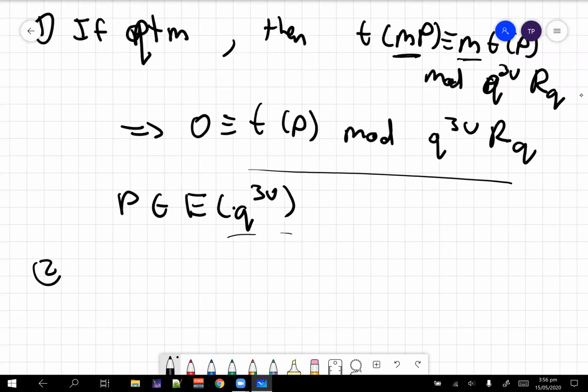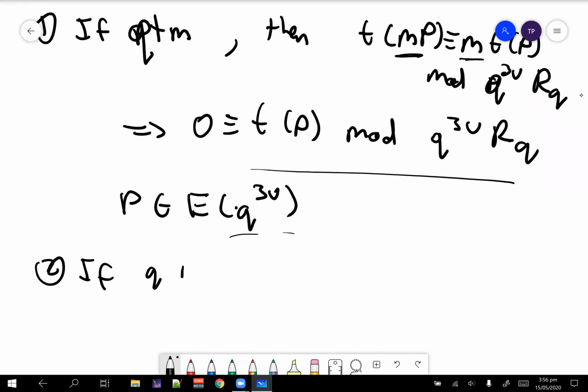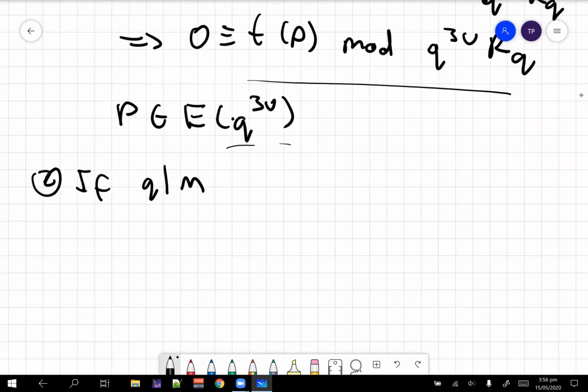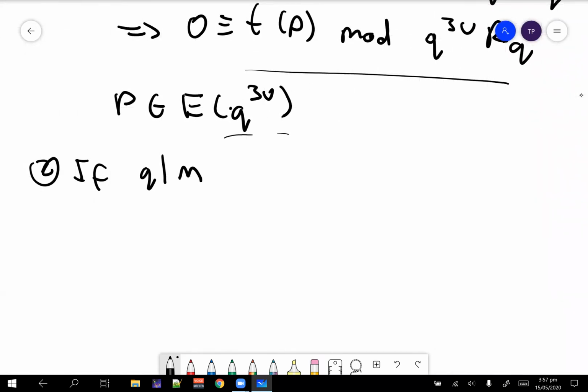And in the second case, if Q does divide M, then we do something similar. We get the same contradiction, except there's an extra step involved.